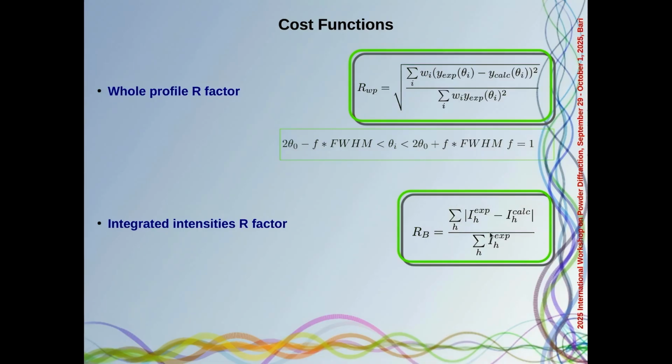The application of this cost function requires the preliminary extraction of integrated intensities. Each of these cost functions can be combined with another cost function that introduces additional information into the crystal structure solution process: geometry restraints, bond valence restraints, and anti-bump restraints.